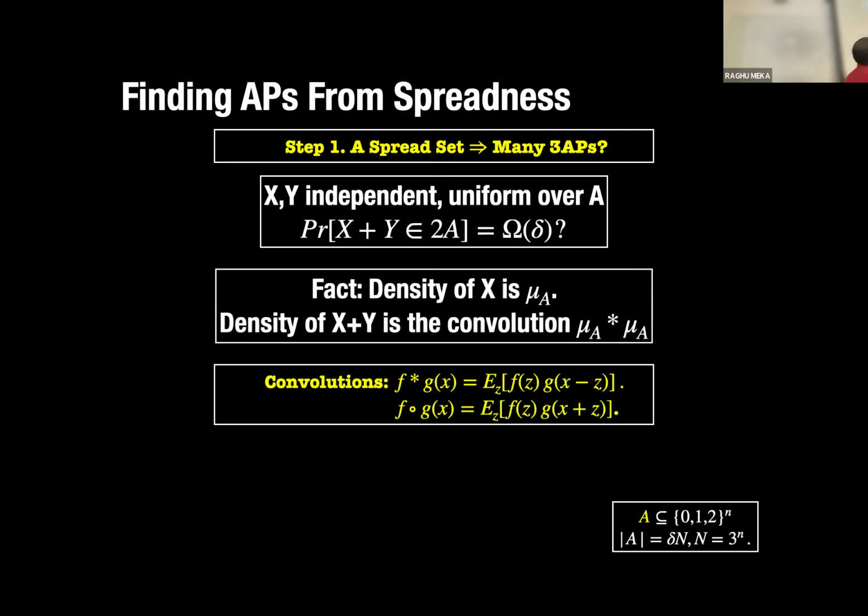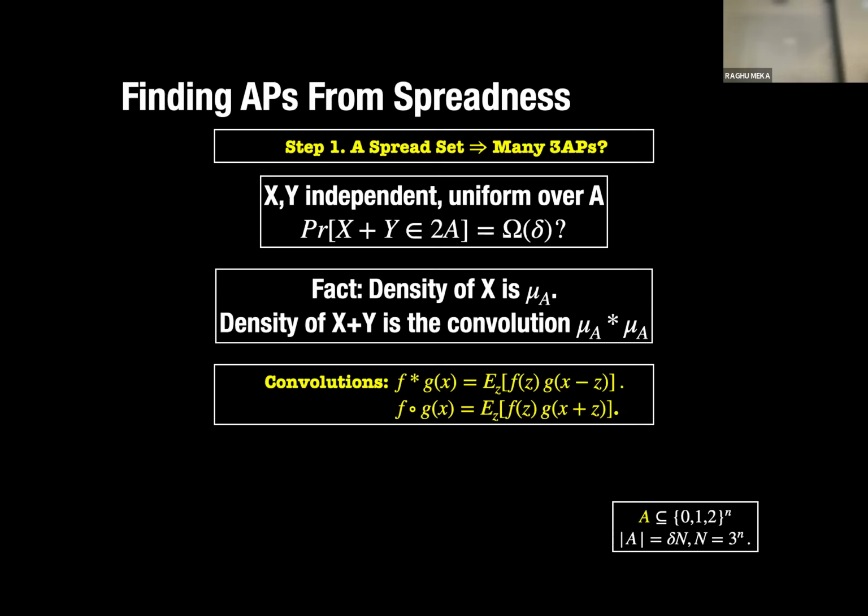And not only that, but in probability 101, we know exactly what the density of X plus Y is, right? If the density of X is mu A, then the density of X plus Y is the convolution of the two densities, mu A star mu A. If you haven't seen convolution before, it's an operation defined most importantly on probability distributions.